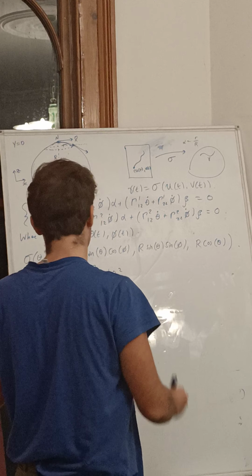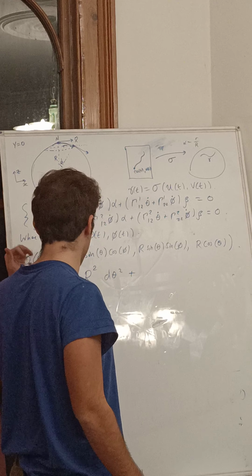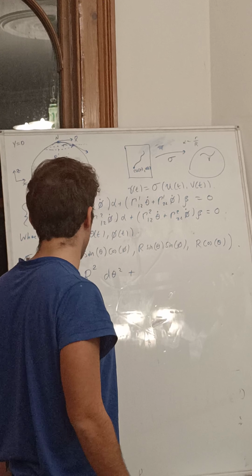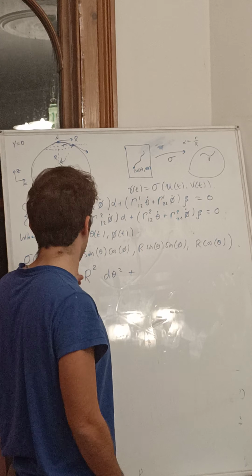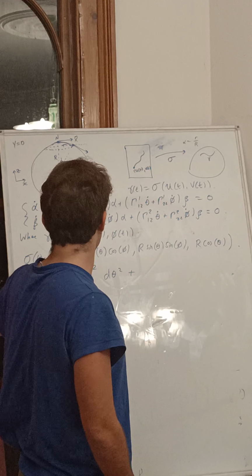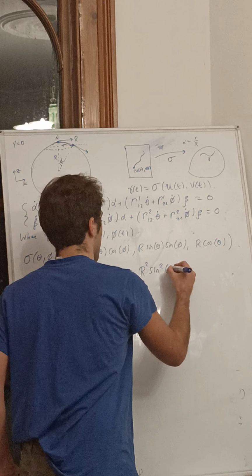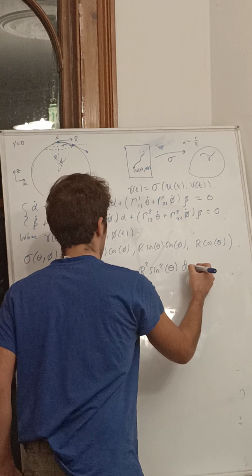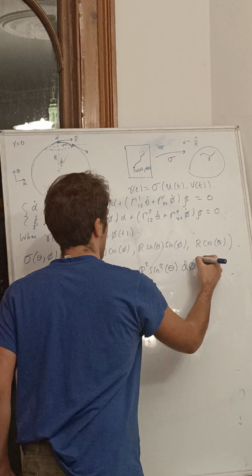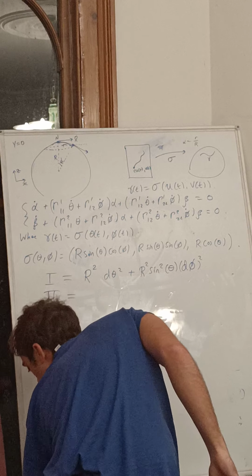The cross terms cancel for this particular parameterization. And then for the phi terms, this term vanishes, so I get r squared sine squared theta d phi squared. That's the first fundamental form.